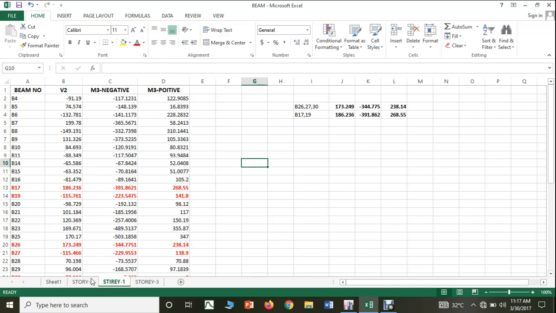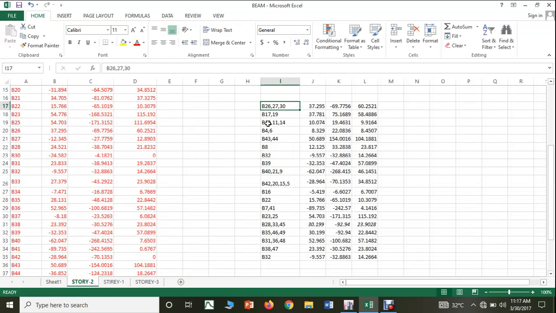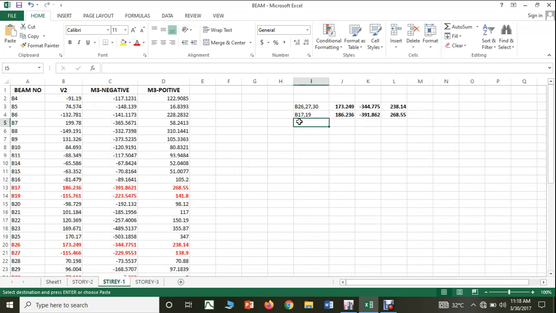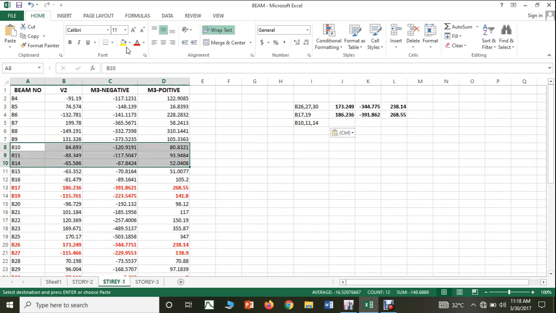The next one will be beams 10, 11 and 14. You can see these three beams.